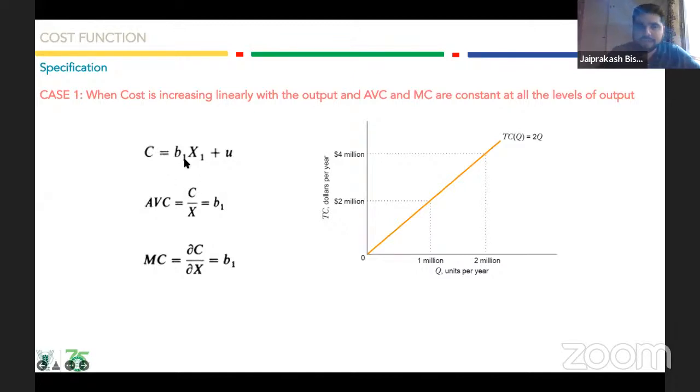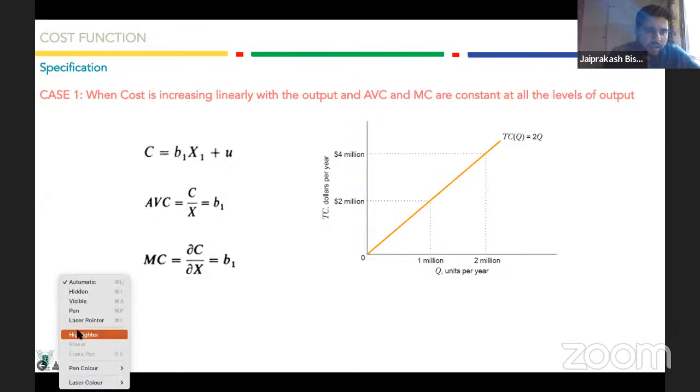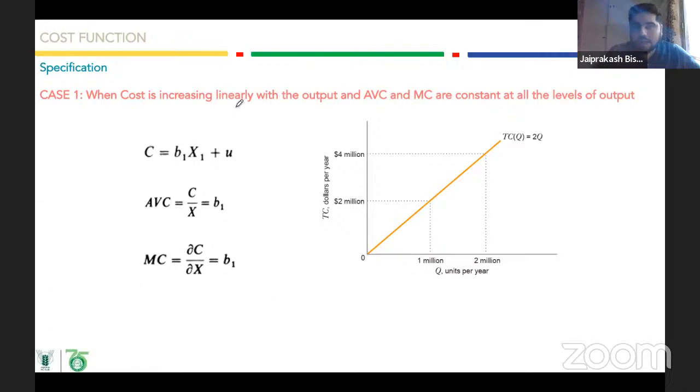So if I will divide b1 x1 by x plus mu by x. Mu is here rendered very well, so it will not come here in picture.